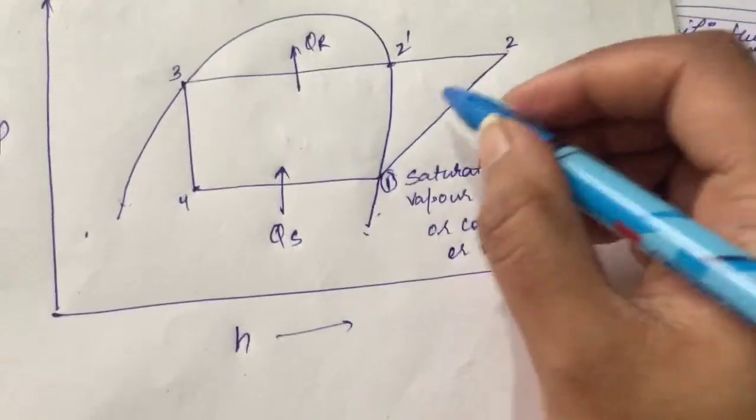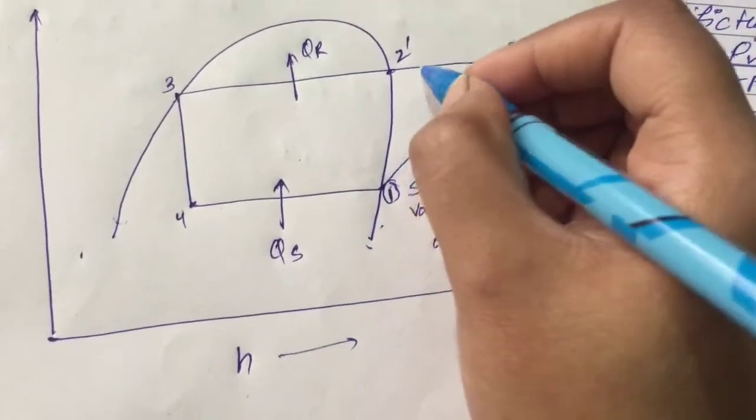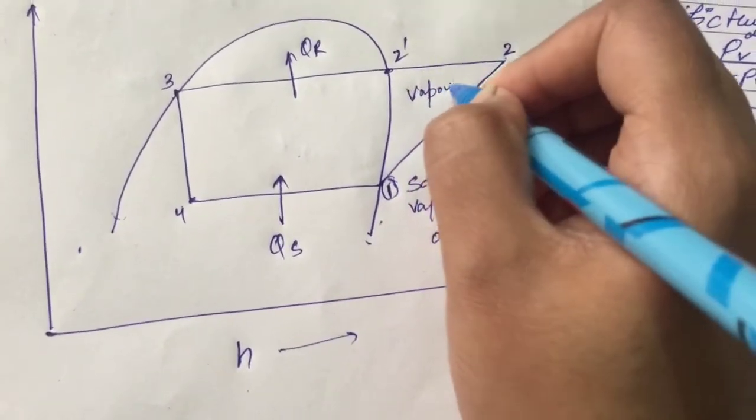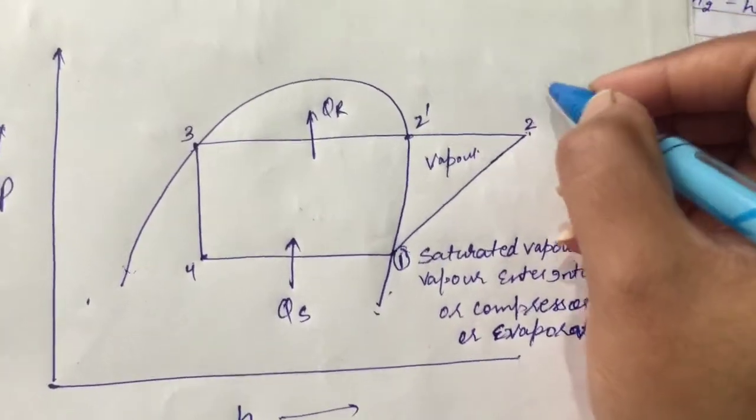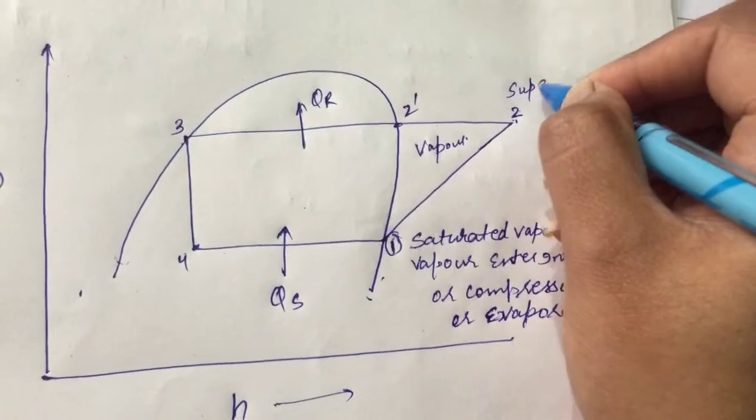And this portion is our vapor portion, and at point 2, this is where superheated vapor is present.